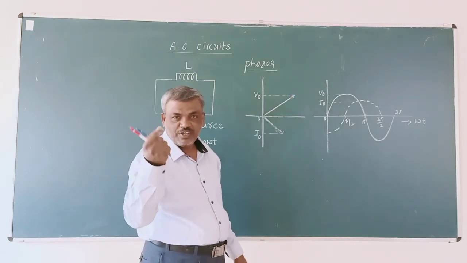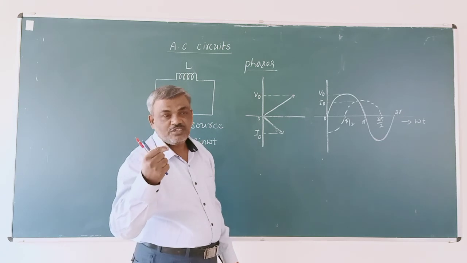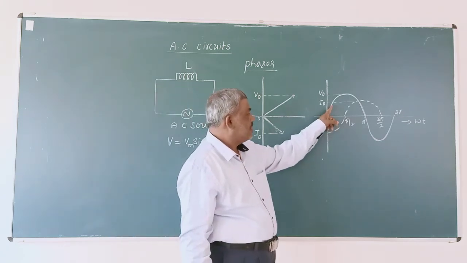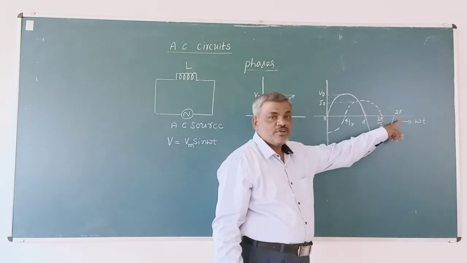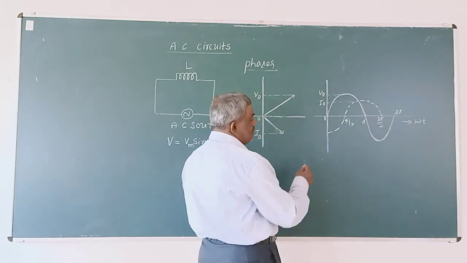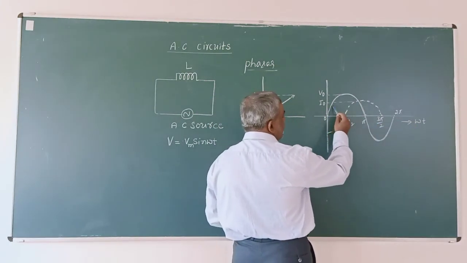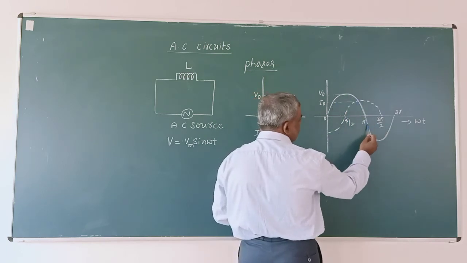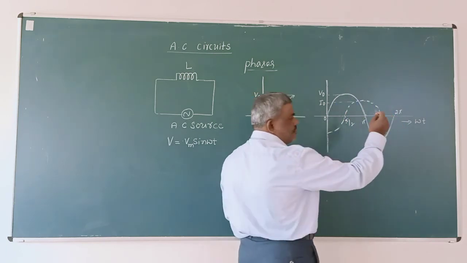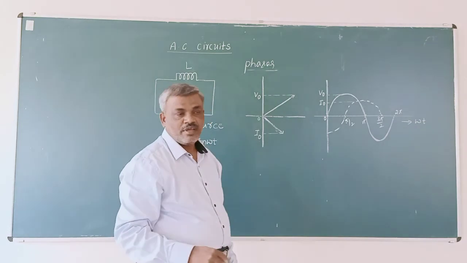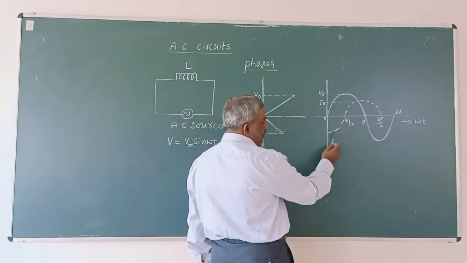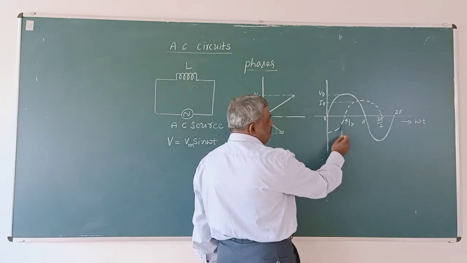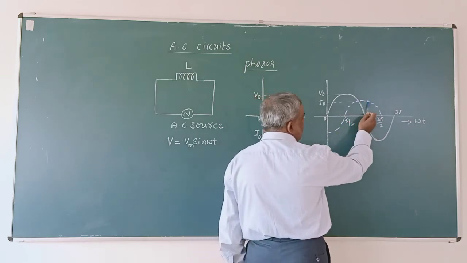Voltage varies with a sine function with time. The solid line indicates the voltage line. The current also varies with a sine function with time, shown by the dotted line.